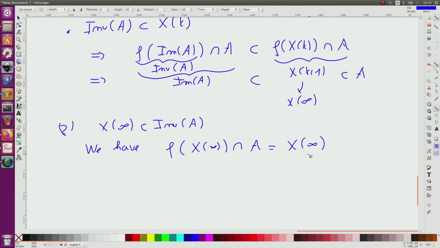Moreover, I know that this one is included in A. As a consequence, x of infinity is a subset of A which is invariant.